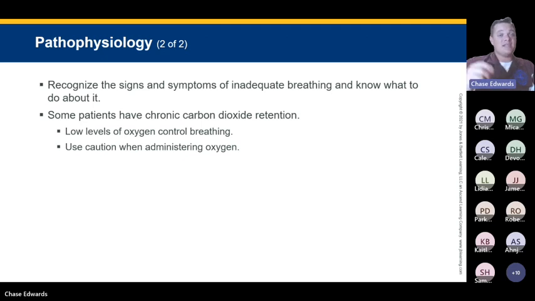So what happens is the body will start getting all that oxygen in it. It'll get above that 94, 95, 96, 97, 98%. And the brain will say, hey, this isn't normal. We usually don't have this much oxygen here. Let's stop breathing so we can get back to our normal, because of the chronic condition that's been happening over years.